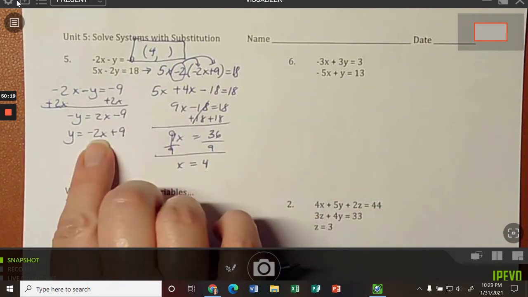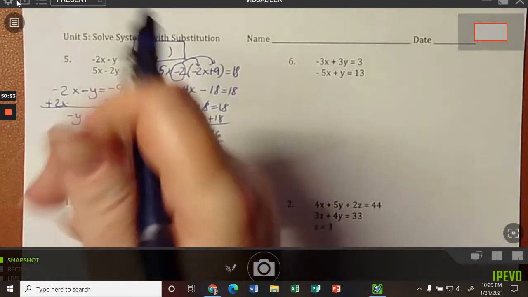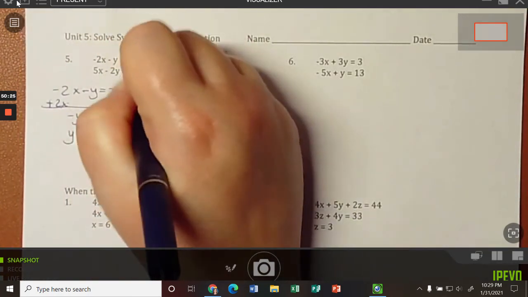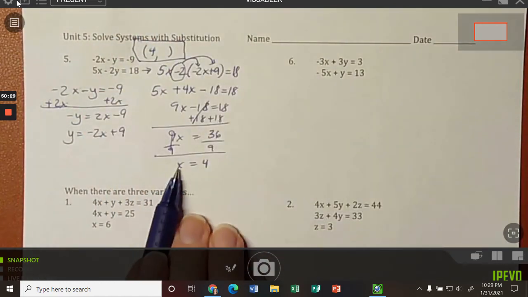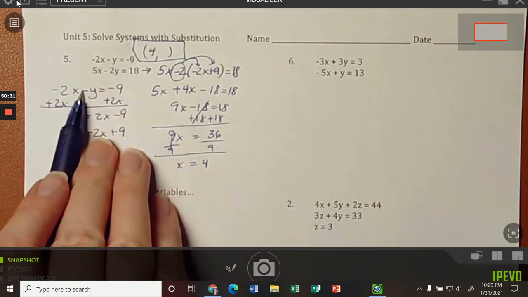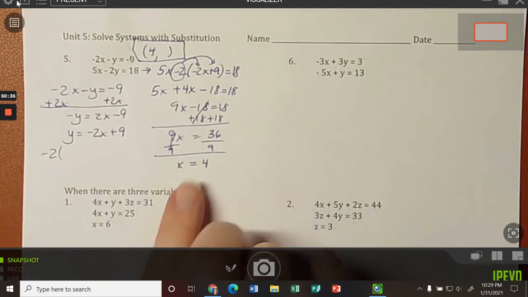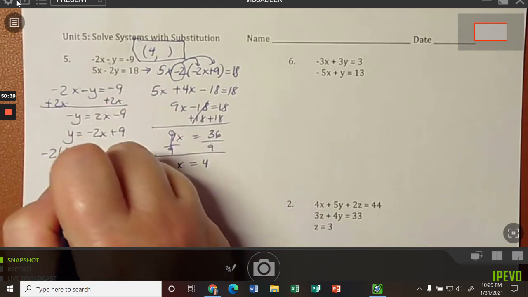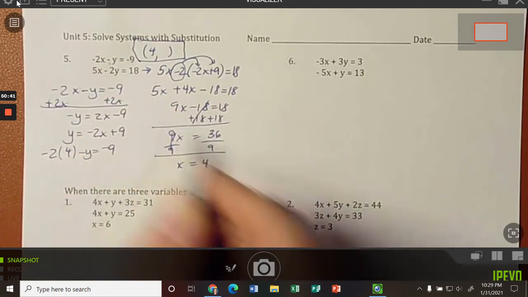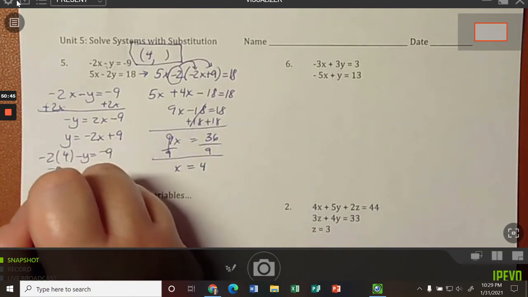You could plug it in here if you're really confident with your math, but I always like to go back to one of the original equations, so I know that I'm checking it here. So let's do the top equation. Negative 2 times 4 minus y equals negative 9. Negative 2 times positive 4 is negative 8.